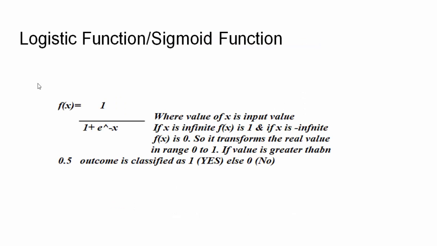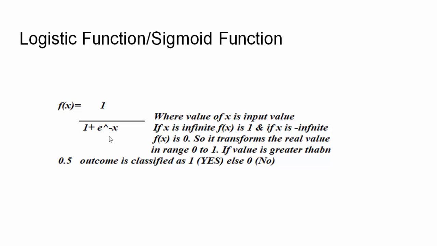The logistic function is also called the sigmoid function, and mathematically f of x is equal to 1 upon 1 plus e raised to the power minus x, where x is a single input value that we feed to it. It could be one input variable.